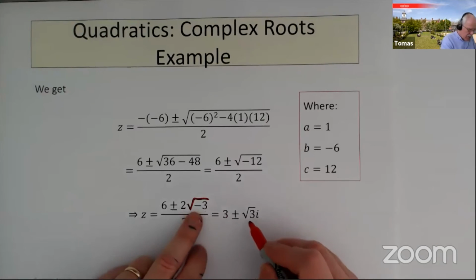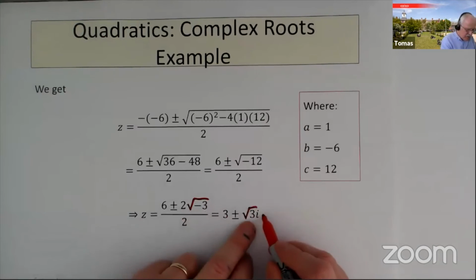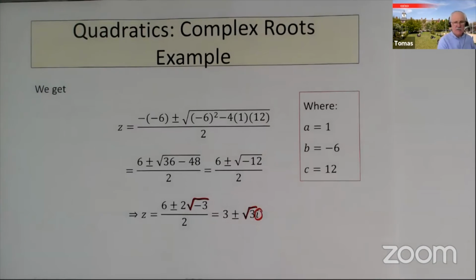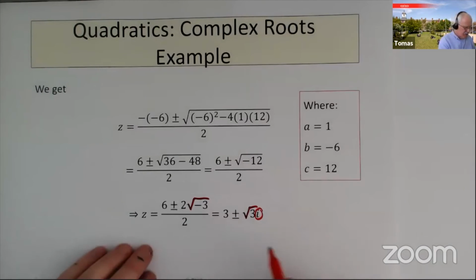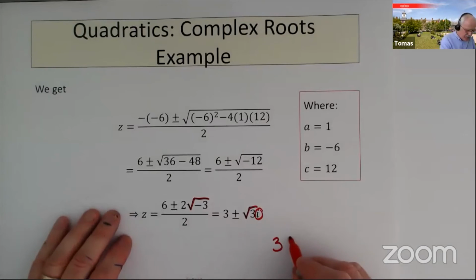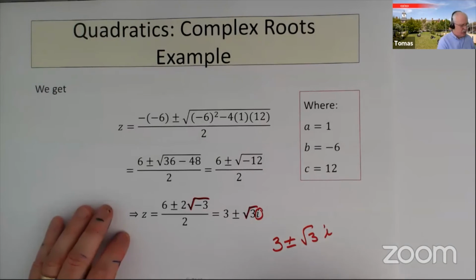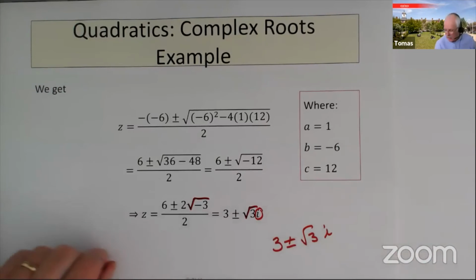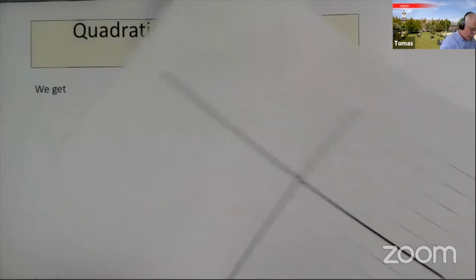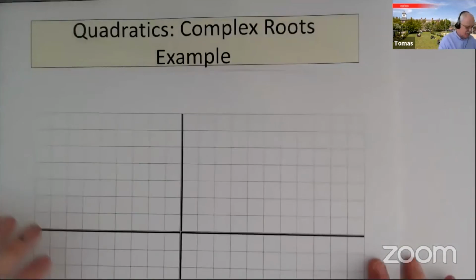So what I do is I call that the square root of 3 times i beside it. And they're the roots. So the roots of that equation are 3 plus or minus the square root of 3i. So they will not work on your standard real number line. I won't get a number like 2, 3, or 4, but I'll get a number like this.